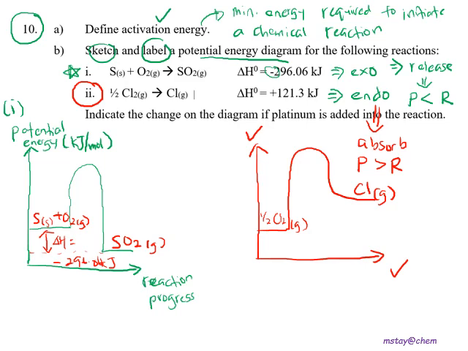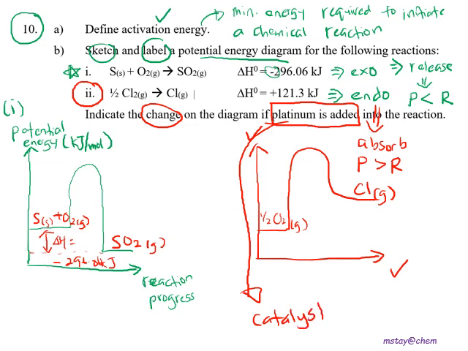The last part of this question asks us to indicate the change on the diagram if platinum is added. We need to know the function of platinum in this case. Basically, platinum plays the role of catalyst, which we will discuss in 8.3. So for 10B, we stop here first.